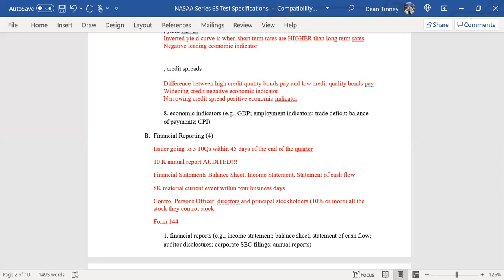So regardless of where this control person got their control stock, whether they got it directly from the issuer, it's never been registered with the SEC because it didn't come from a public marketplace, or whether it's stock that they got in the public marketplace, doesn't matter. All that stock, control stock, they're going to have to file Form 144 at or prior to sale, and that's going to be good for 90 days. So Form 144 is good for 90 days.